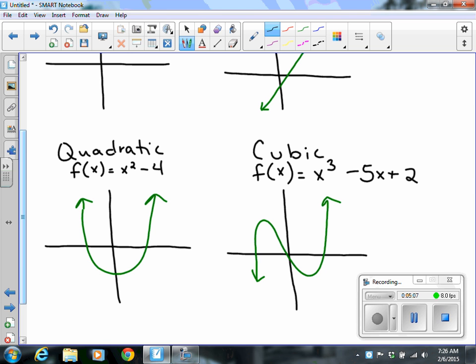Notice when we went with a quadratic, we had one curve. When we went to a cubic, we have two curves now. So as you can probably guess, when we keep going up in degree, we gain more curves.